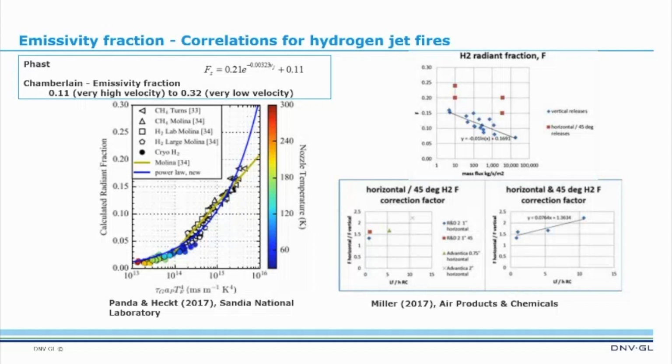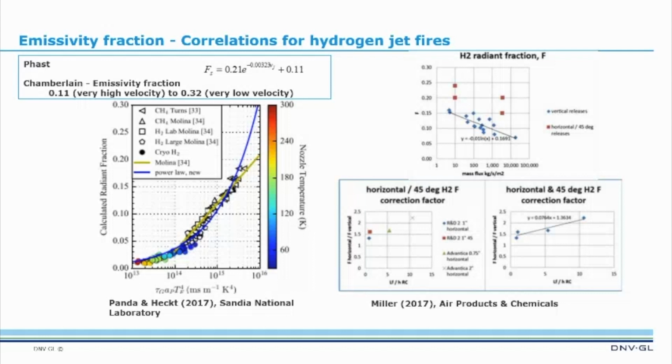Now, what I've got here are some diagrams from recent work. There's one by Sandia, and you can see here they've got a correlation for emissive fraction, and it ranges anything from as low as just over 1%, all the way up to, with data, up to 20%, and with their correlation up to 30%.